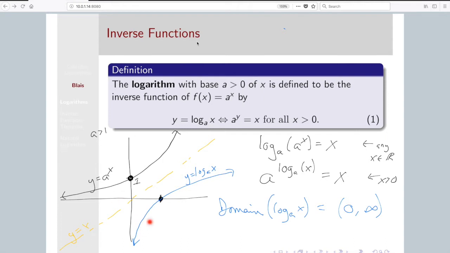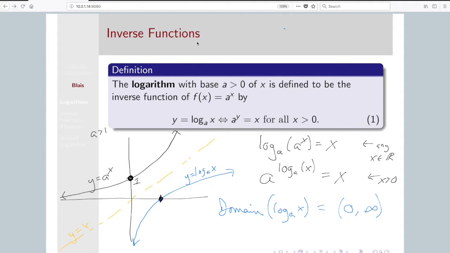And that means that's the domain of its inverse. The domain of the exponential is all the real numbers. Any x will work. So that means the range of log base a of x is all the real numbers. And this is basically the gist. This is the key property here, that they undo one another.